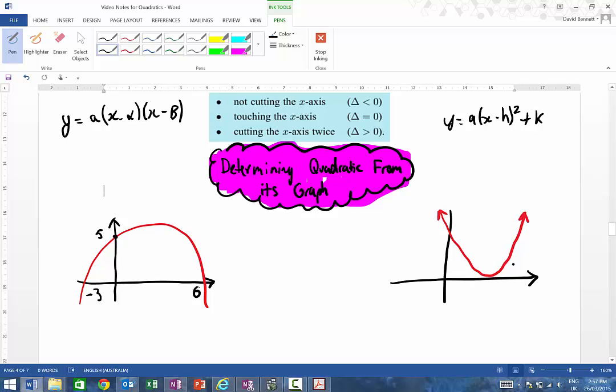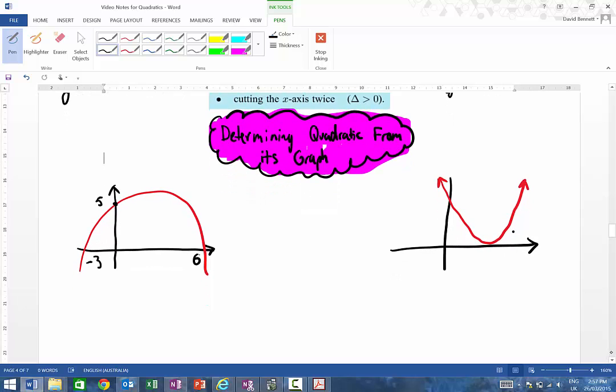So the first equation here, I know that I have a root, or an intercept, at x equals -3, so that's going to be x plus 3. And over here we've got one at 6, and that's going to be x take 6. So generally what I can say is my equation is y equals some a value, (x + 3)(x - 6).